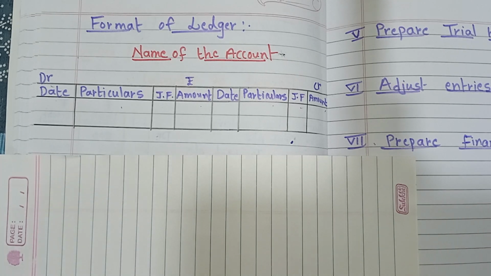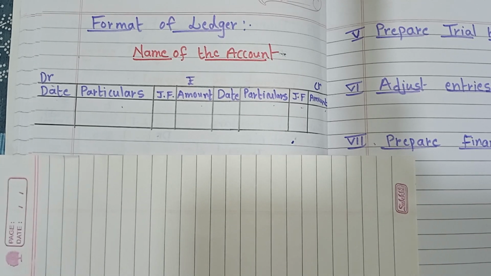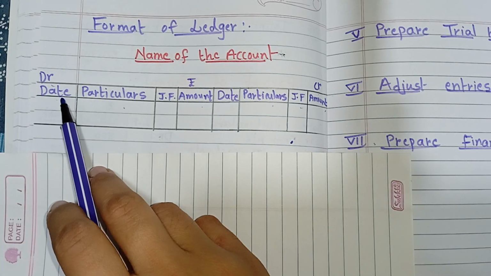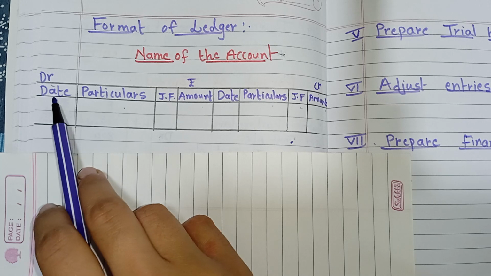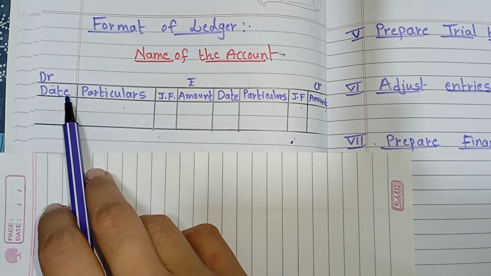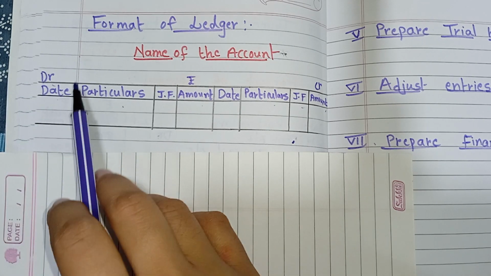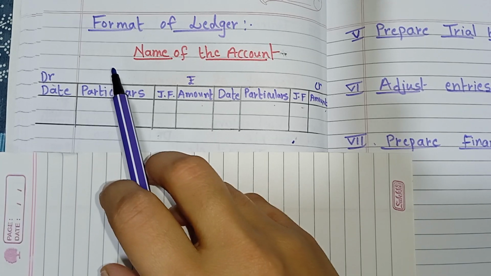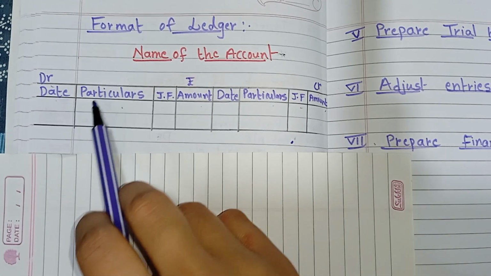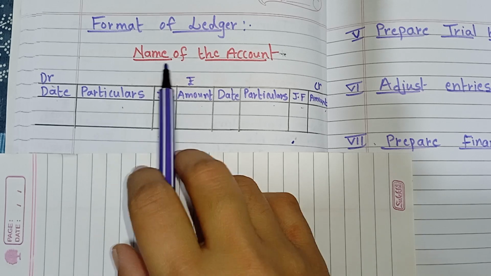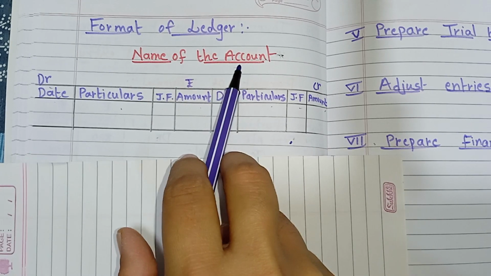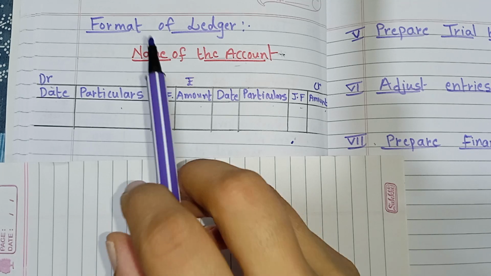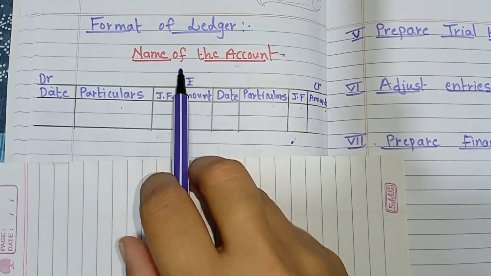Here the date will come. On which date? We have to enter the transaction on the date on which it takes place. Fine. After that, particulars. Before that, we need to write the name of the account, the title of the account, the name of the item that is written at the top of the format.